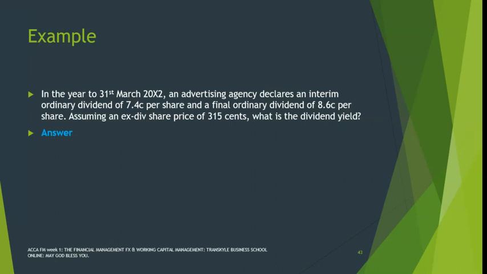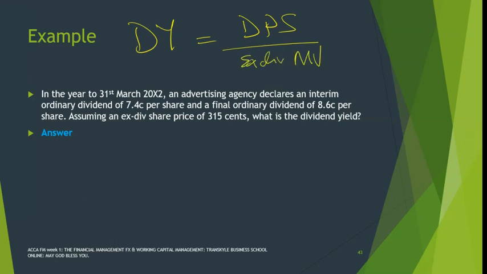Assuming an ex-div share price of 315 cents, what is the dividend yield? And we know at this level that dividend yield is equal to dividend per share over ex-div market value of the share.